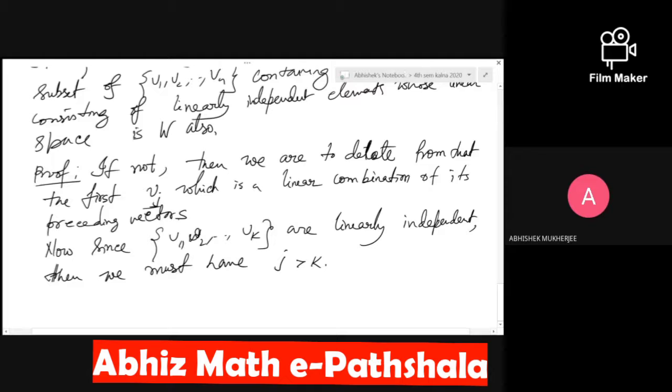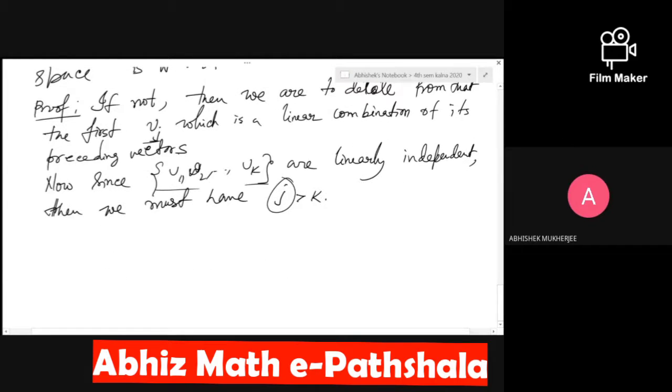So that means V1, V2, ..., Vk up to Vj are linearly dependent. Since we have assumed that V1, V2, ..., Vk are linearly independent, this j must be greater than k. That is, V1, V2, ..., Vk is contained in the set of vectors V1, V2, ..., Vk, Vk plus 1, Vk plus 2, ..., Vj.